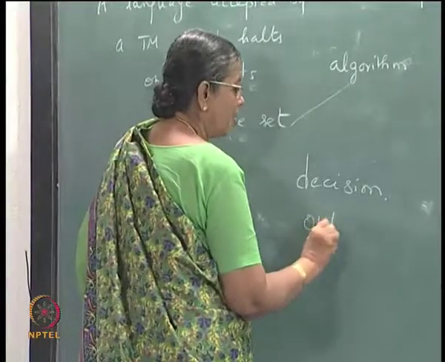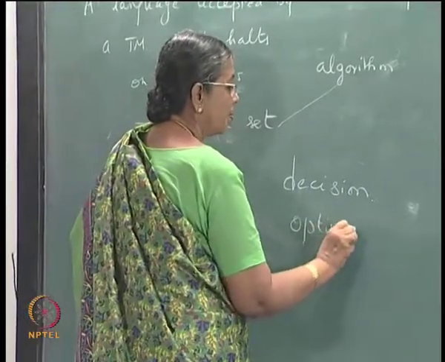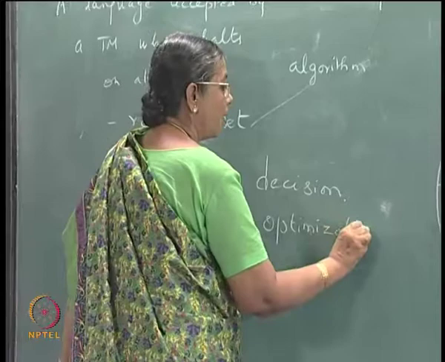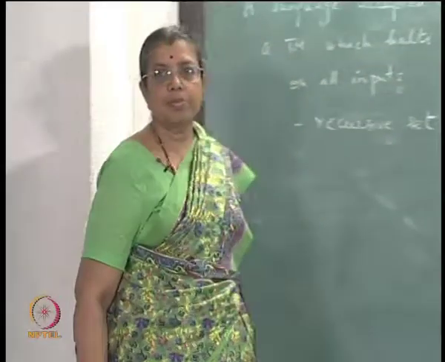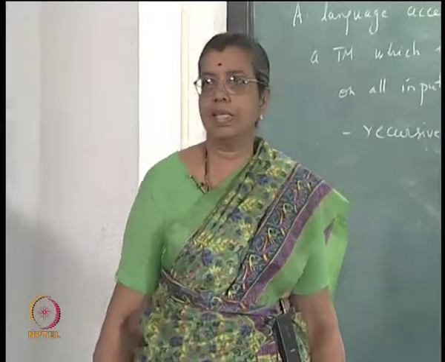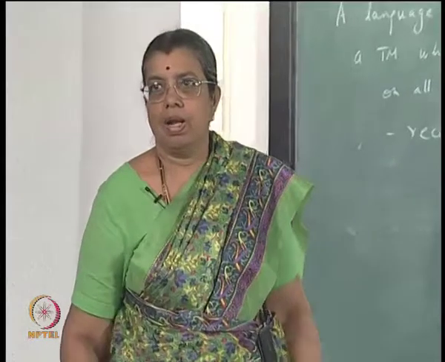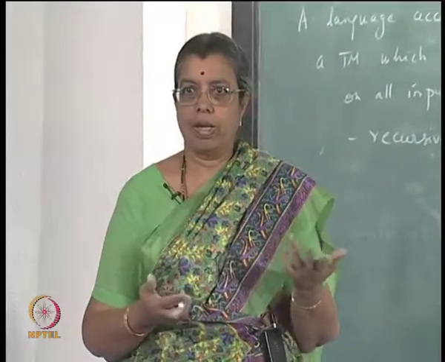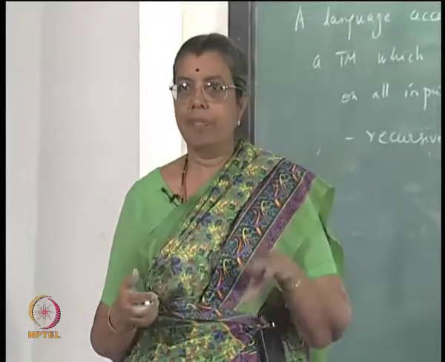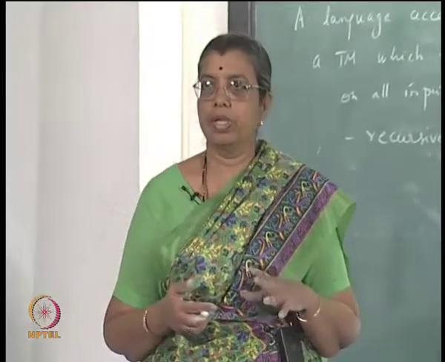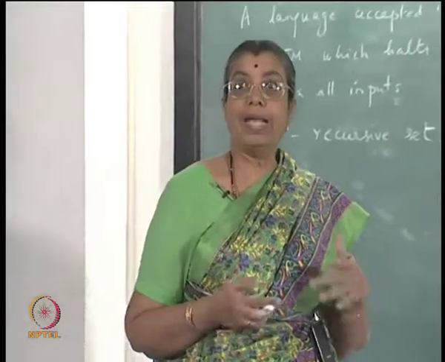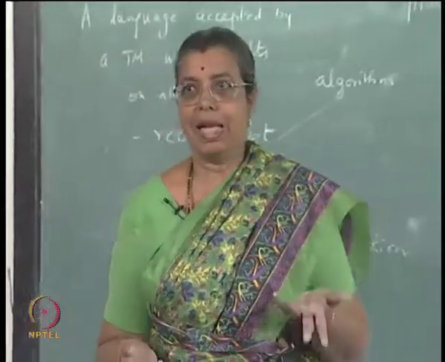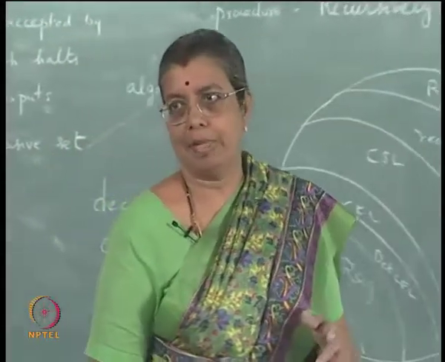Decision problems are those where the answer is yes or no. Does the graph have a Hamiltonian circuit, or the travelling salesman problem, does it have a path solution, that is yes or no. Find the one which has the least cost or something like that, that is an optimization problem.